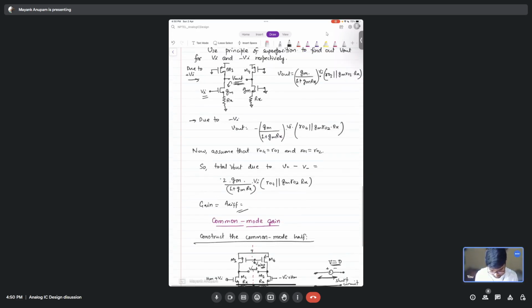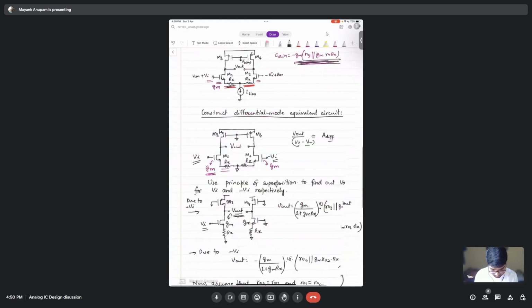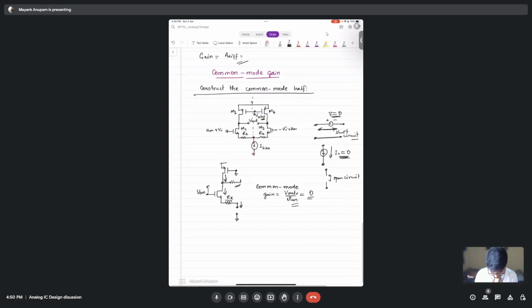Irrespective of whatever VCM value we give, the gain will be zero. It doesn't matter what voltage you put here, because no current is flowing here at all in this direction. So no current can flow through this transistor also.